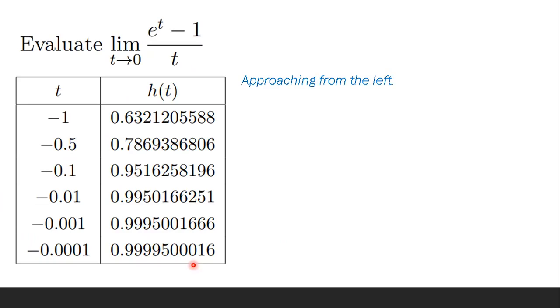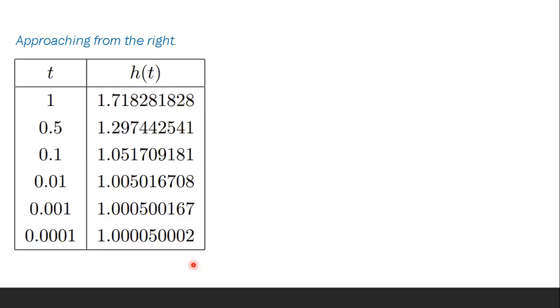Now let's proceed with the table approaching from the right. This one is approaching from the left, and this one is approaching from the right. We approach 0 from the right, and 1 is on the right of 0. Now I substitute each t starting with 1.